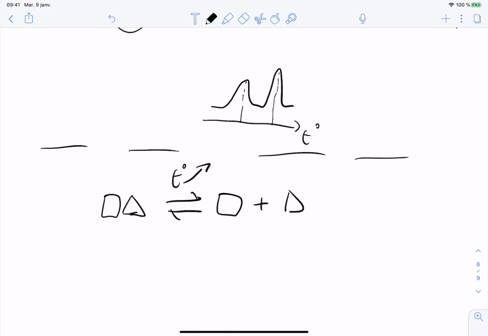Here you see that in my representation, the two chains are different, so here I have a heterodimer. And if you continue to increase your temperature, you will observe the unfolding of each chain. So you will, for instance, have here the unfolding of one of the proteins and so on.